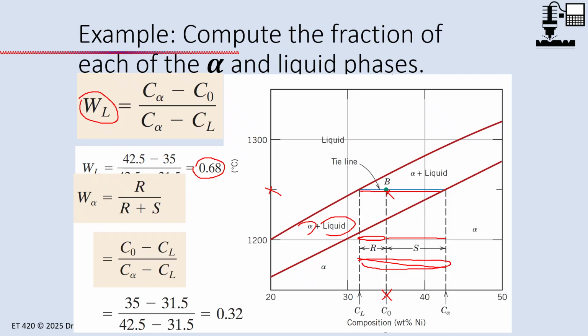So you can subtract this part from 1, then you can get the alpha phase. This is another way to calculate the amount of alpha phase.